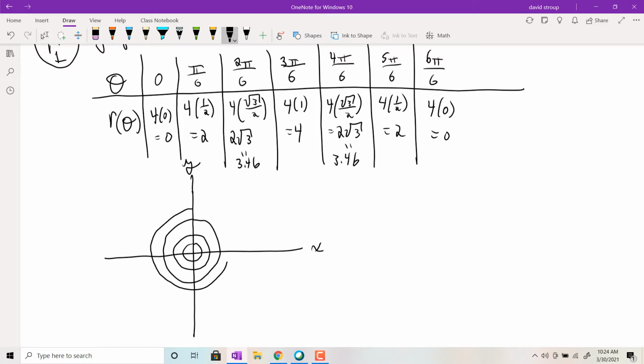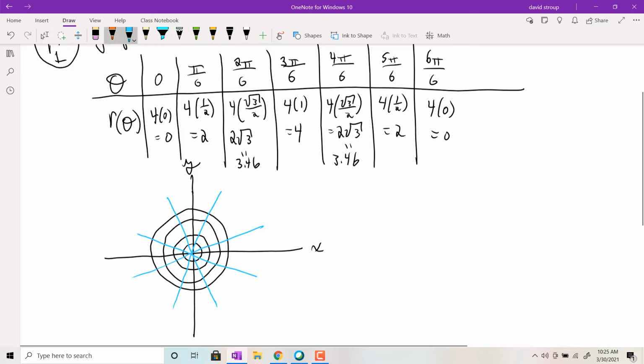And we need some angle lines going by pi over 6's, so let's put those in blue: pi over 6, 2 pi over 6, which is basically pi over 3, 3 pi over 6, 4 pi over 6, 5 pi over 6. That should carry us through.